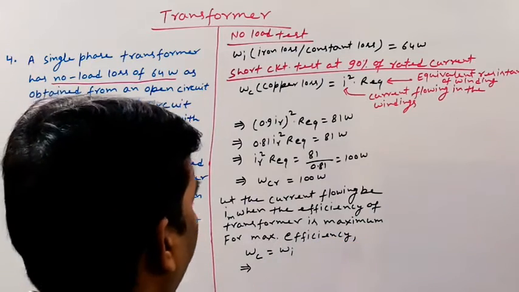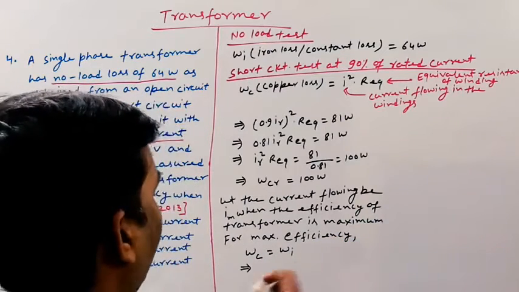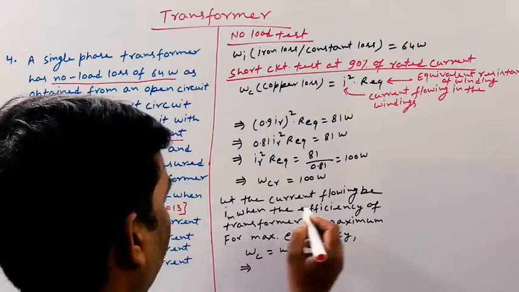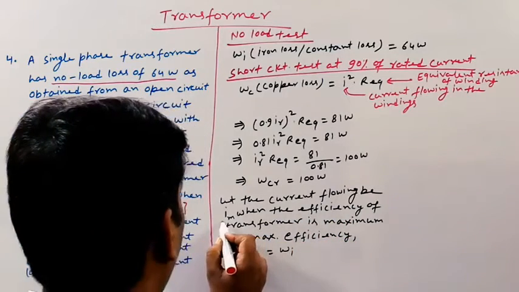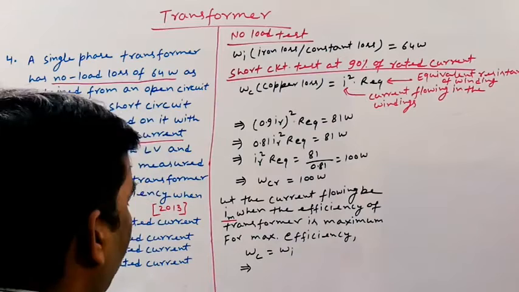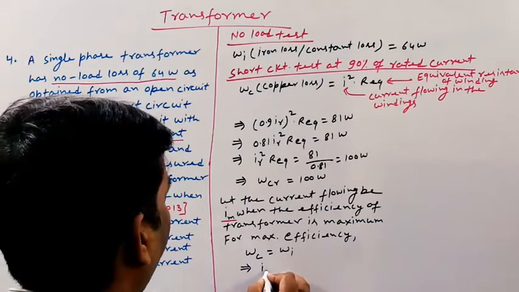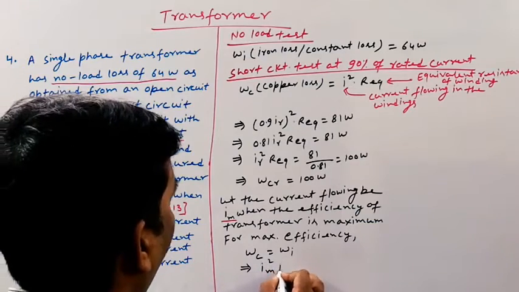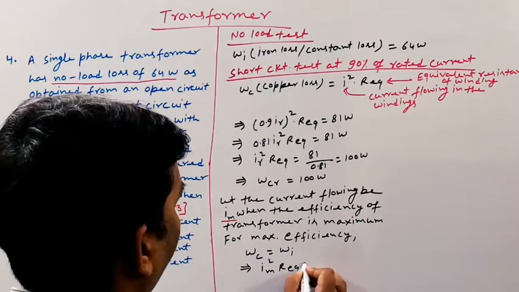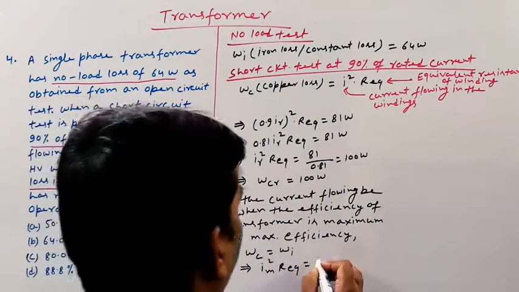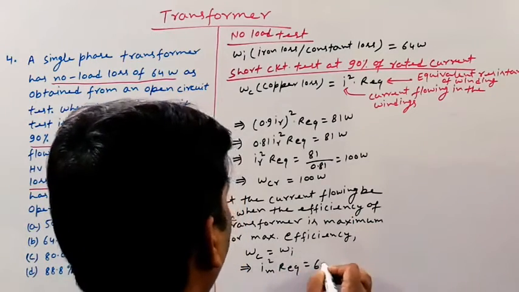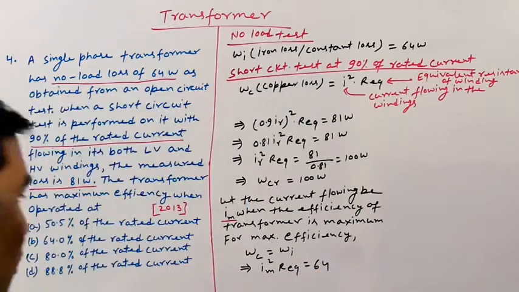Since I have assumed the current as I_M, W_C will be I_M square into R equivalent, and this must be equal to 64 because it is a constant loss.